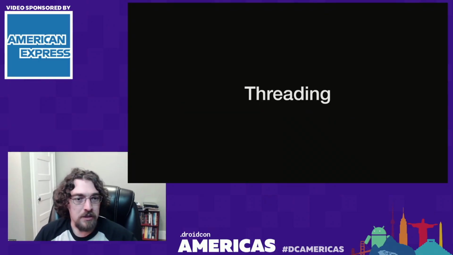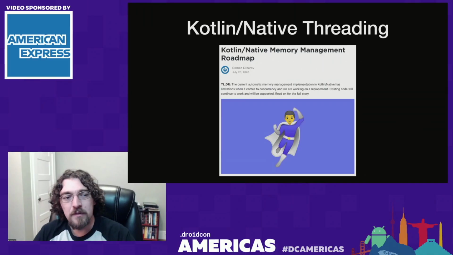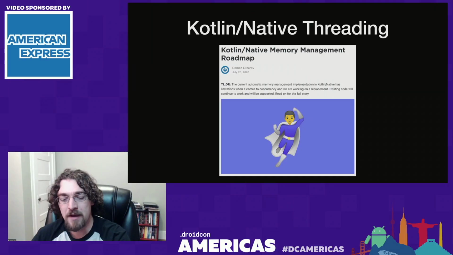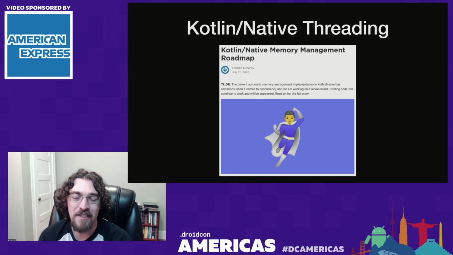So what else is new? Threading gets its own category because there was a big announcement a couple months ago around the Kotlin Native threading model. If you've been working with Kotlin Native for a little while, you're probably aware that it is very strict about not being able to share mutable state between different threads.